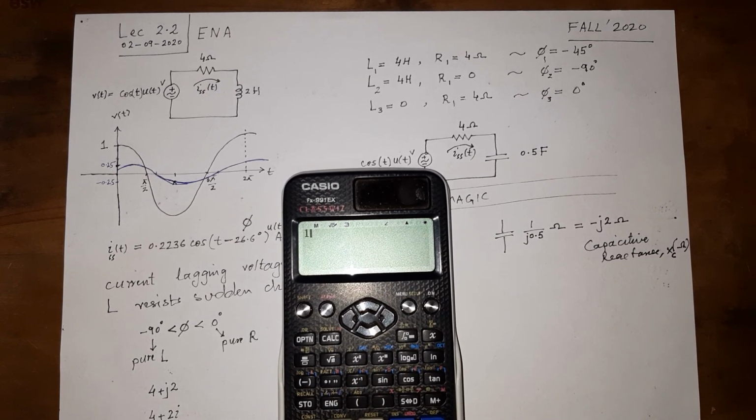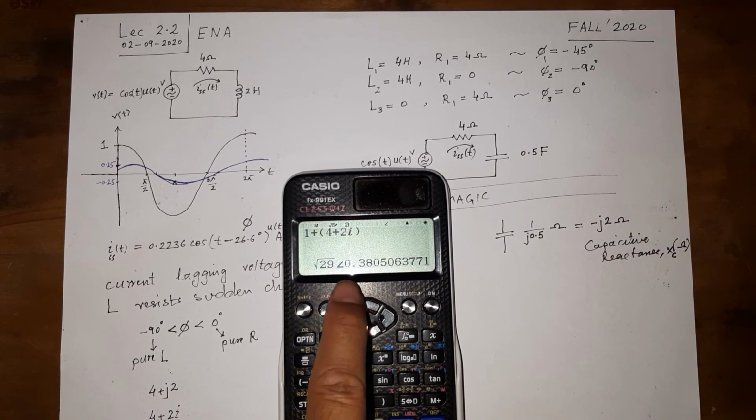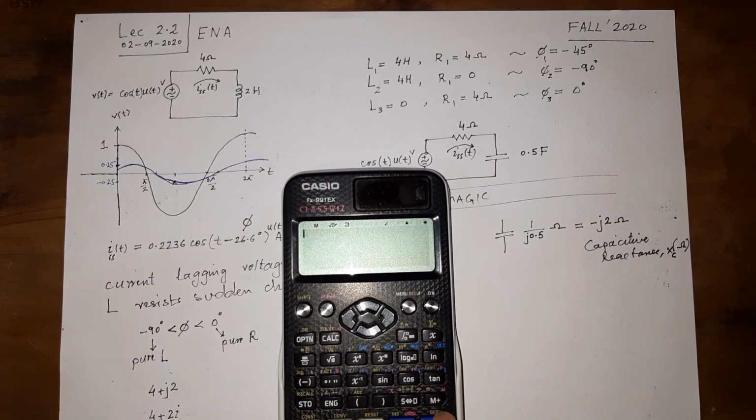Let us see. 1 plus 4 plus 2 iota. Oh, we got something like this. Oh, this is addition. Actually, I want to divide this thing. 1 over 4 plus 2 iota. Got this result, and it is in polar form.